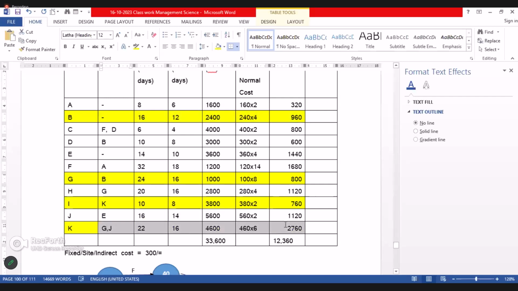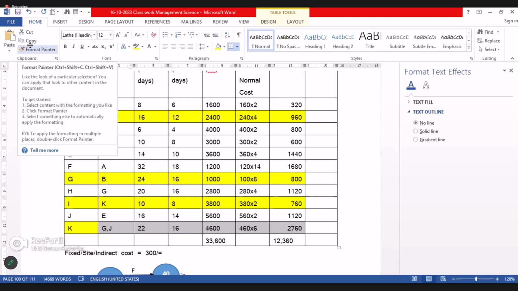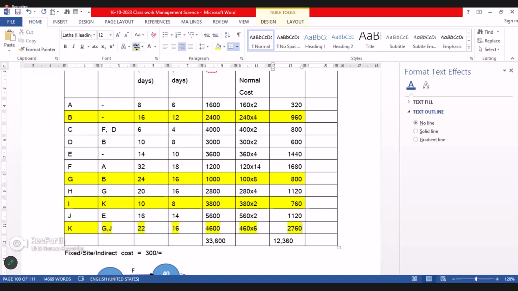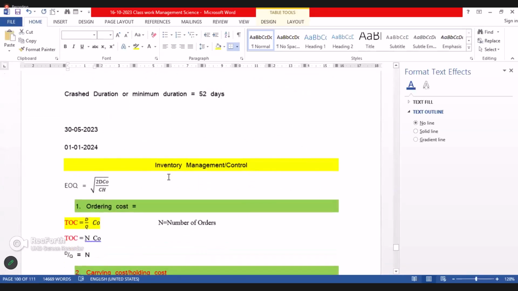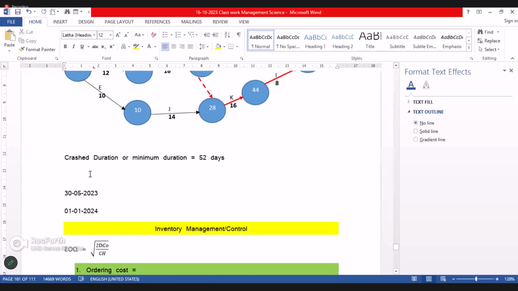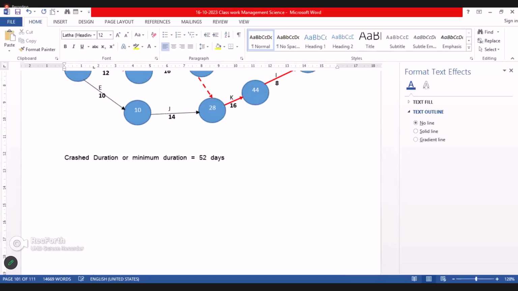Okay. So for that, what do we have to do now? The non-critical activities, I want to make them separately.